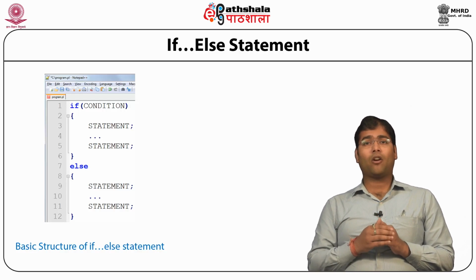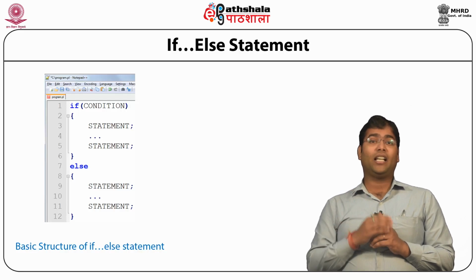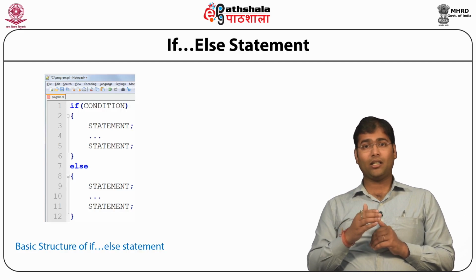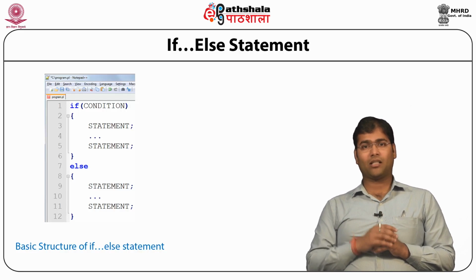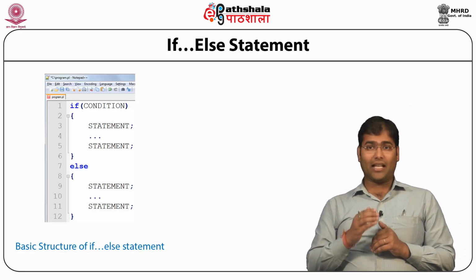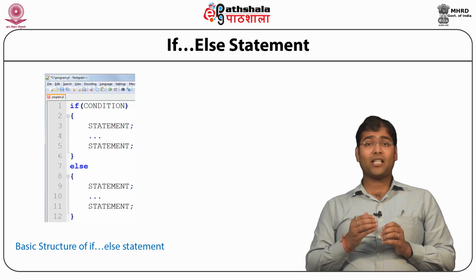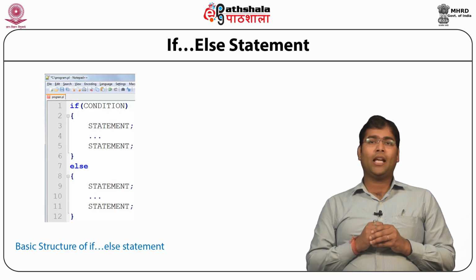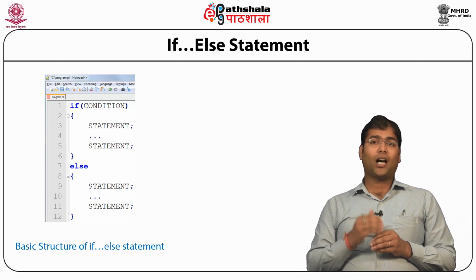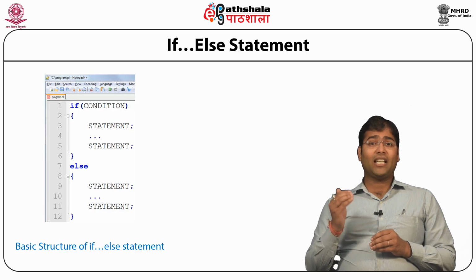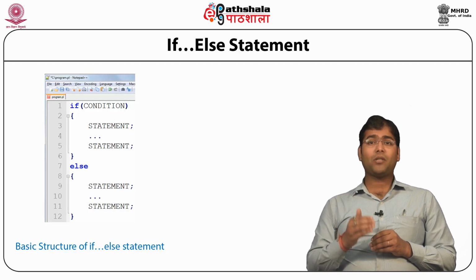The basic structure of the if else statement is if, under brackets the condition, which might be an expression, and in curly braces statements. After the curly braces, else, then under curly braces statements will be there. Here, if the condition is true, it will execute statements under the if, otherwise it will execute the statements that come under else.